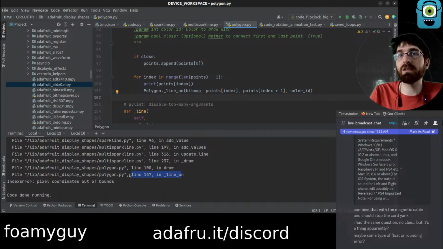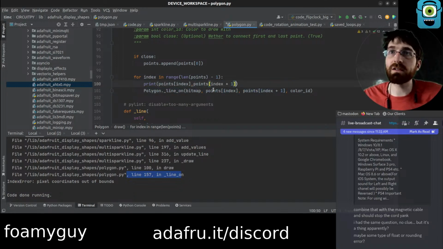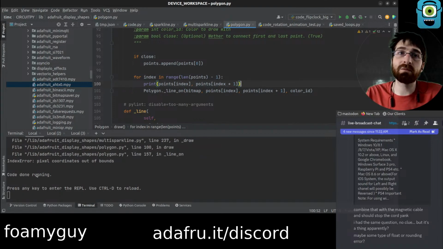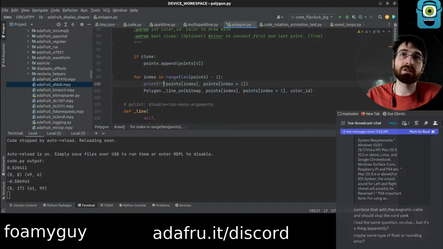No, yeah, we're going inside there. 157. Okay, yeah, so let's print these. Let's copy it so we don't type the wrong thing and then wonder about why it's different. Color ID? Is the color ID the problem? Probably not, right? It shouldn't be the color ID. Let's let it run a couple of times like that. I guess maybe like this is different somehow.